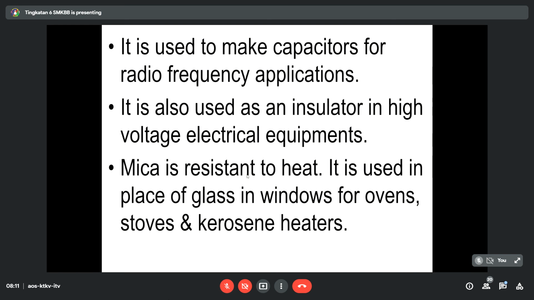That means it is transparent, so it can replace glass because it is resistant to heat. Because sometimes some glass may melt under 1600 degrees Celsius. So windows for ovens must be something which can withstand very high temperature, and yet it should be transparent. So it is made of mica.